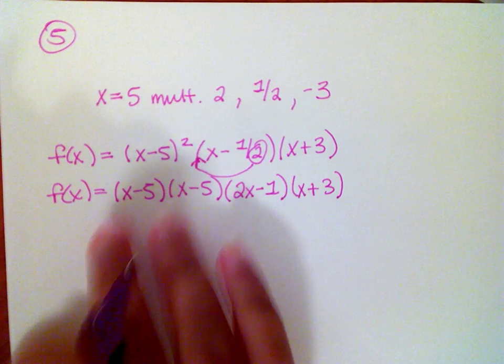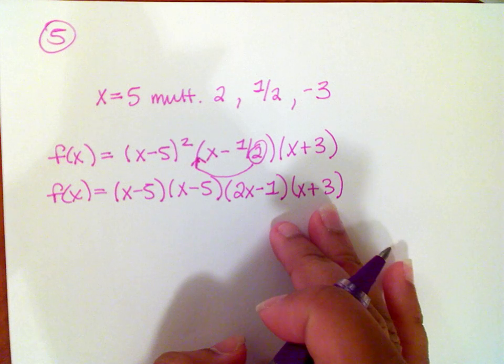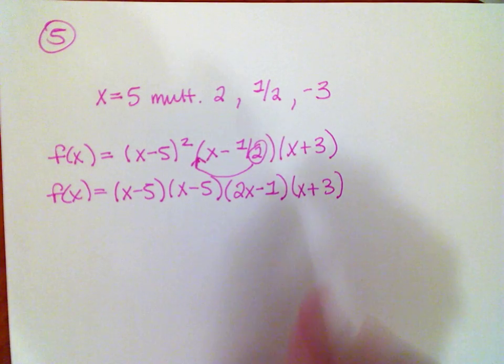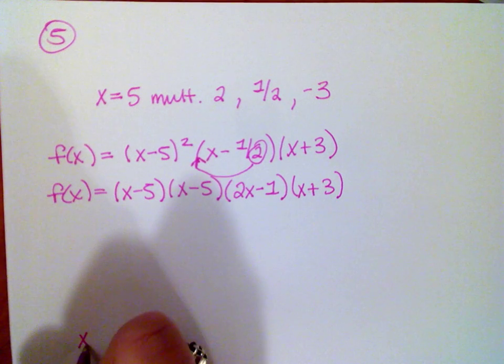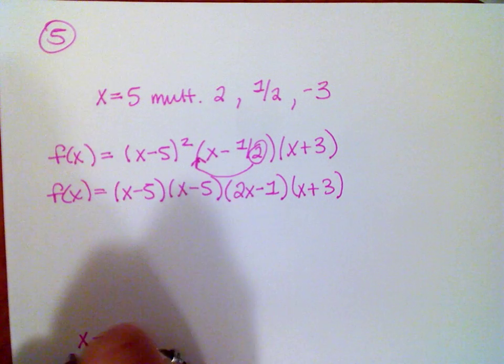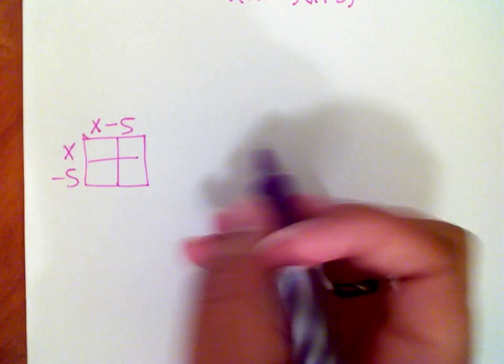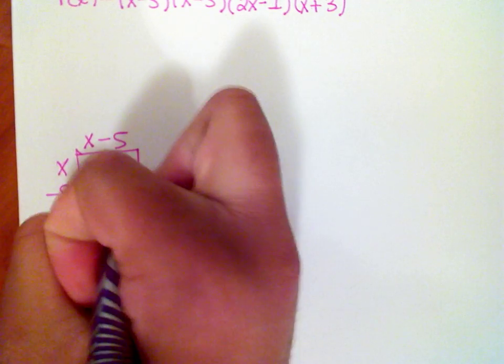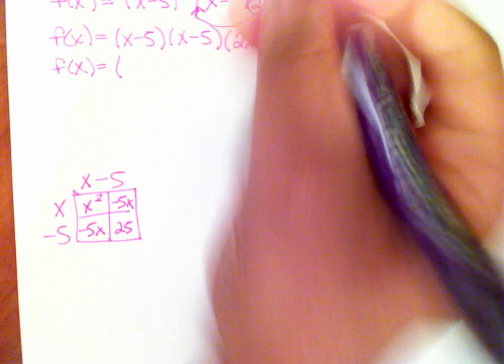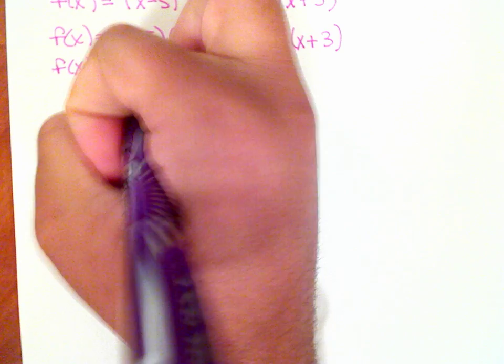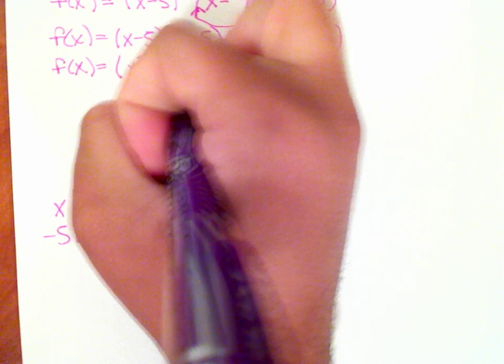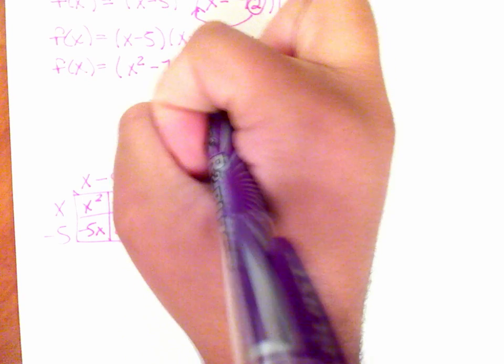I'm going to multiply the first 2 together, then the last 2 together, and then multiply the 2 trinomials that I get. So x minus 5 times x minus 5 gives us x squared, -5x, -5x, and 25. So f of x equals the quantity x squared minus 10x plus 25.